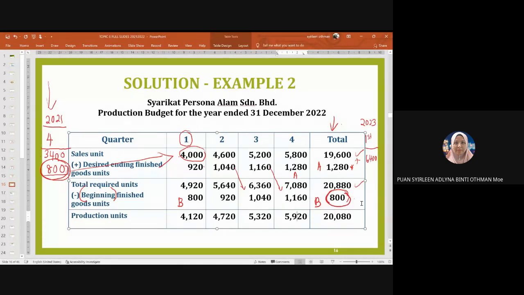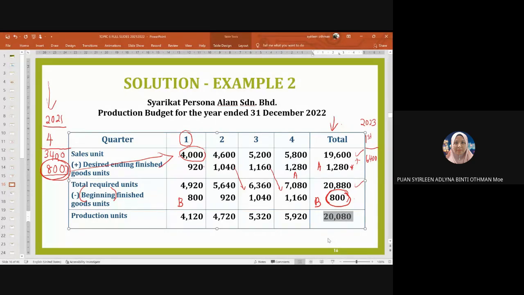So now, overall untuk tahun 2022, saya perlukan 20,880 unit. Sebab madam tadi nak jual sebanyak 19,600. Tapi considering I need to provide for my beginning inventory and ending inventory, so sekarang ni kilang hanya perlu produce 20,080 unit sahaja.